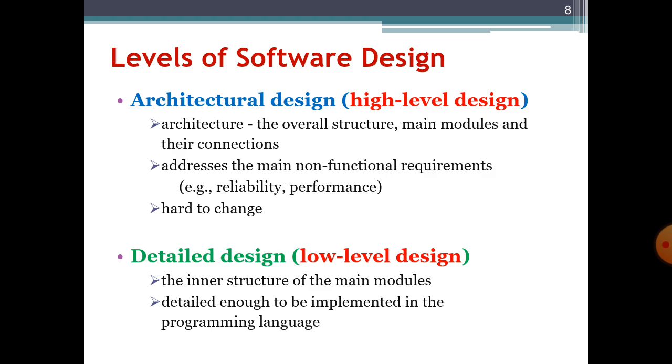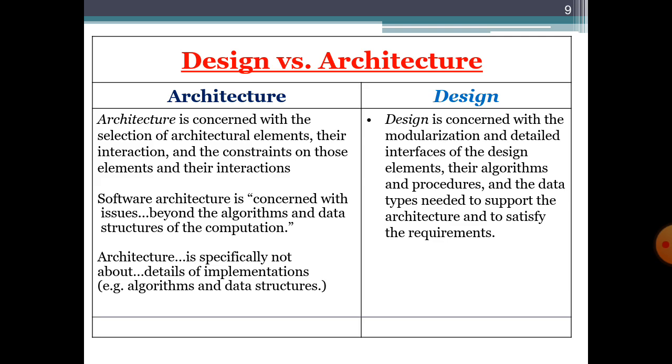These two levels of software design were already discussed in great detail in our first three lectures. So I hope you are well aware of these two terms of the design phase, architectural design and detailed design. Students, in this slide I give you some differences between the architectural design and the detailed design.